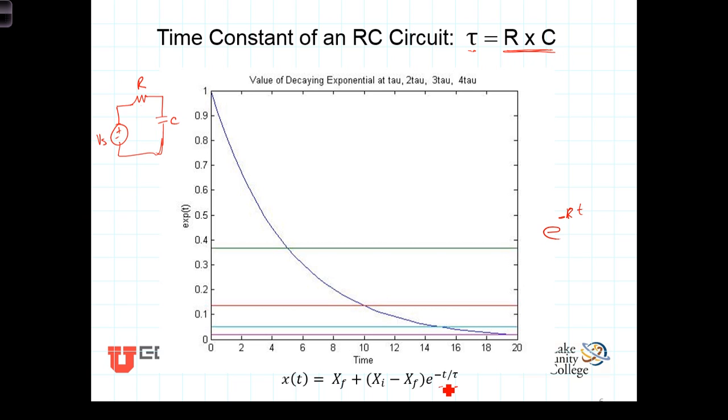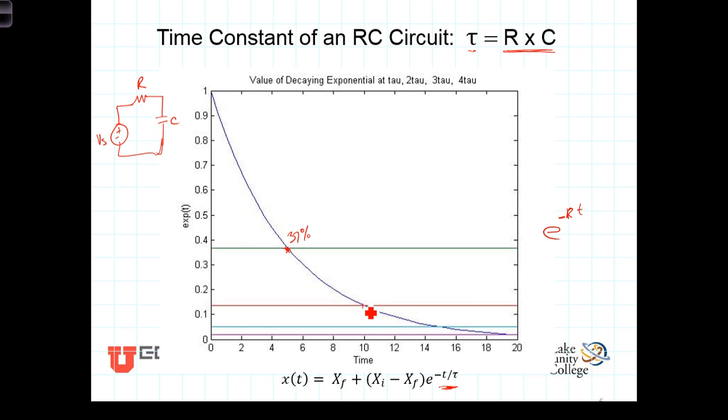And when we have gone through one time constant, let's go back. We're talking about a discharging capacitor now. When we have allowed the capacitor to discharge for one time constant, it will have discharged down to about 37% of its original value.